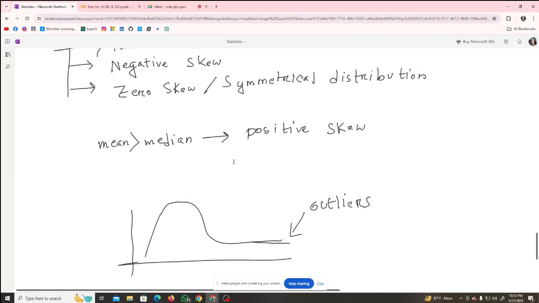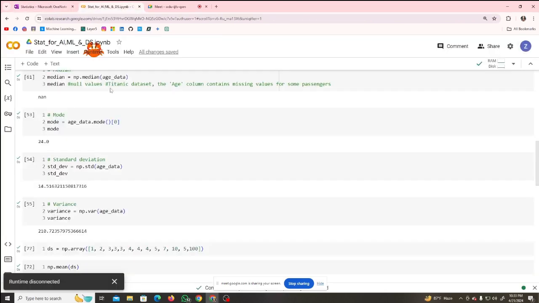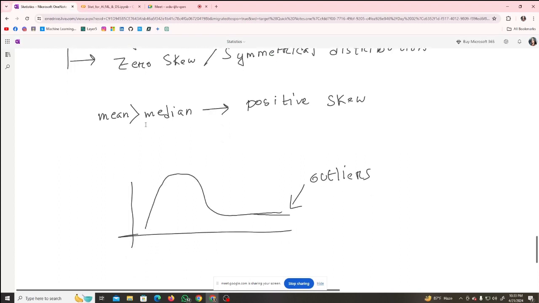Okay, so in the example we just used, the mean was greater than the median, right? Yes, the mean was greater than median. The mean came to something like 13.68, and the median was 4.